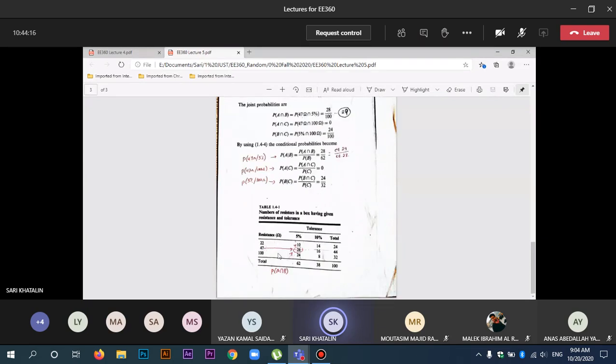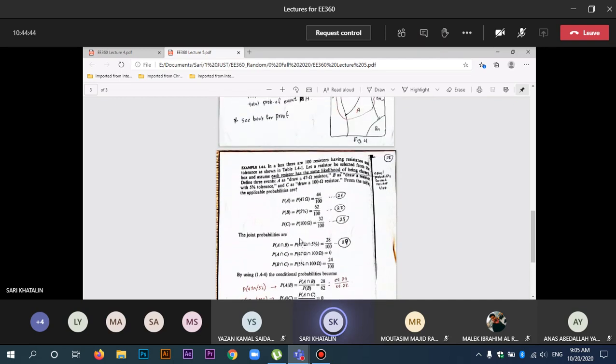If we take a look at the table, we have 47 ohms going this way and 5% tolerance. What is the joint between them? We have 28%, or 28 resistors, see? 28 resistors that have 47 ohms and 5% tolerance, 28. Where the rest of them don't apply, and they have different tolerance. Okay, so that's how we ended up with 28.